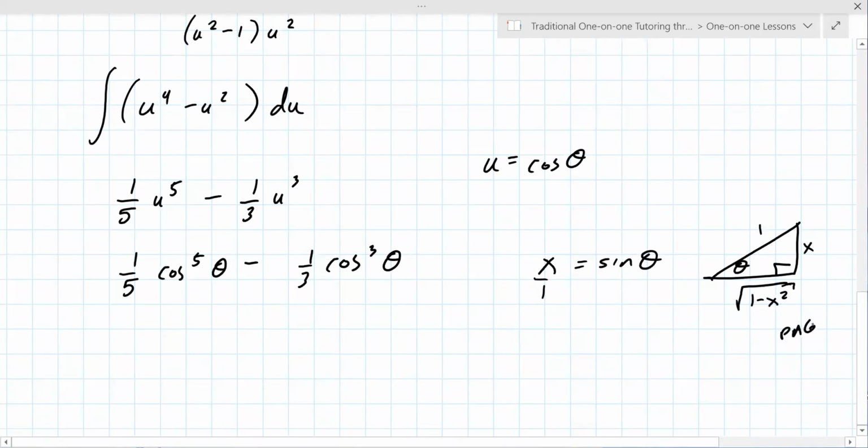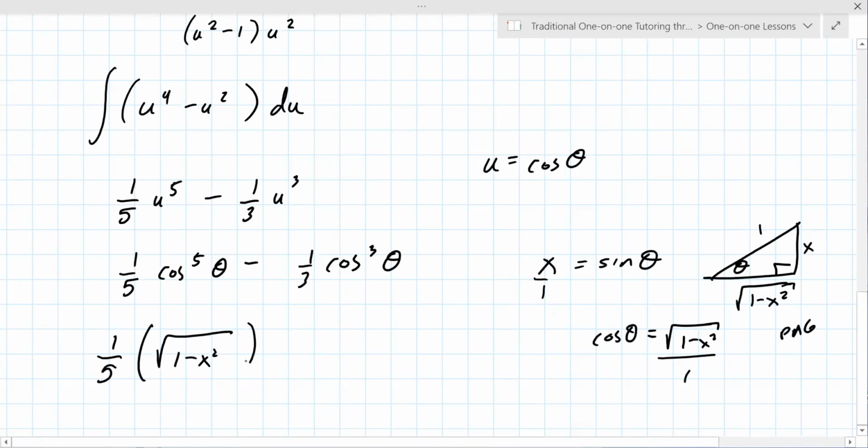And so your cosine theta, which is what you want, is the square root of 1 minus x squared over 1, as it's adjacent over hypotenuse. So these become 1/5 square root 1 minus x squared to the 5th power minus 1/3 square root 1 minus x squared to the 3rd power, because you're just substituting that back in. And that's what you evaluate from, I guess, 0 to 1.